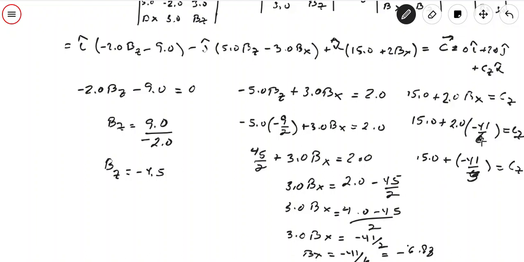You cancel 2 with the 6, so you get 3 here in the denominator, right? So now you have 45 minus 41 over 3, where is Cz? So Cz is equal to 4 over 3. So this is approximately 1.3. So we found the value of Bz, we found the value of Bx, and we found the value of Cz.